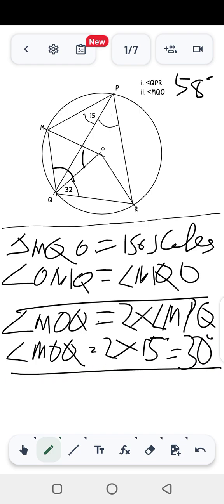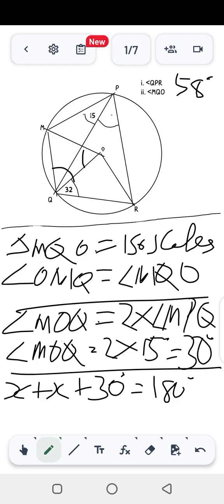Now the angle sum in triangle MOQ is 180. So we can let MQO be x, which is equal to OMQ. So we have x plus x plus our 30 degrees will sum up to 180.